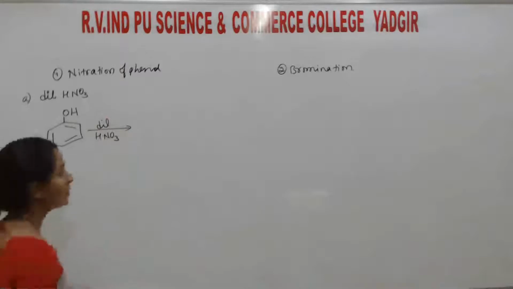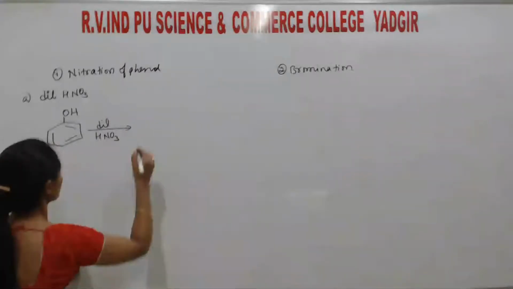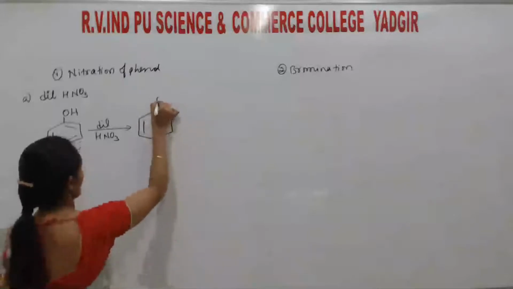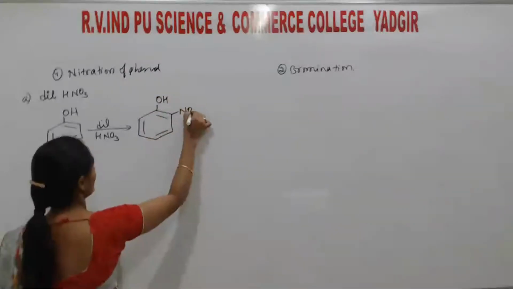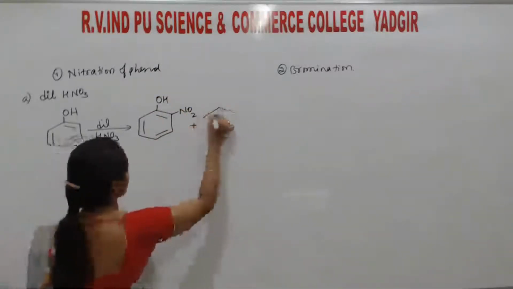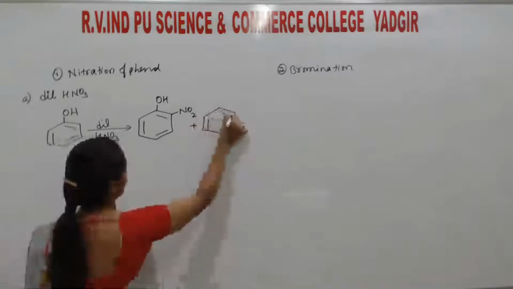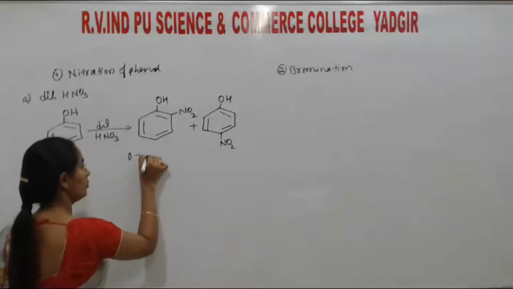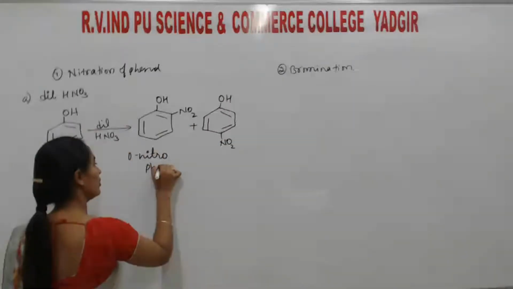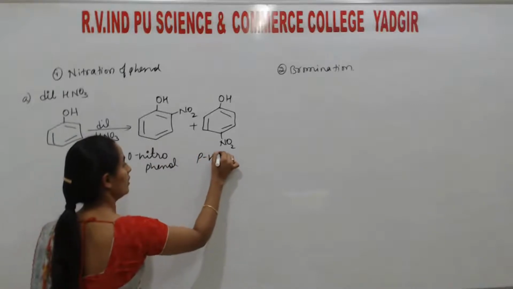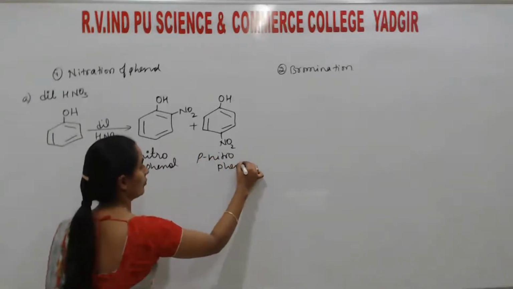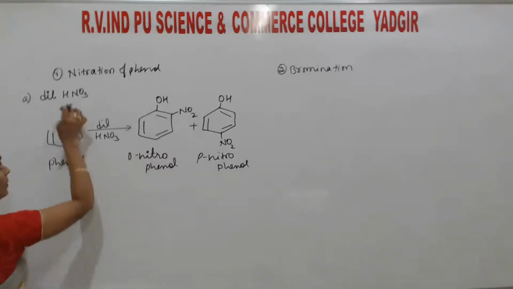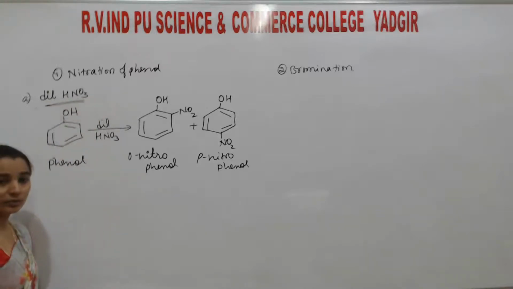So students, here what you will get: one is ortho-nitrophenol, another one is para-nitrophenol. Understood? So this one is of course phenol, when it is dilute HNO3.